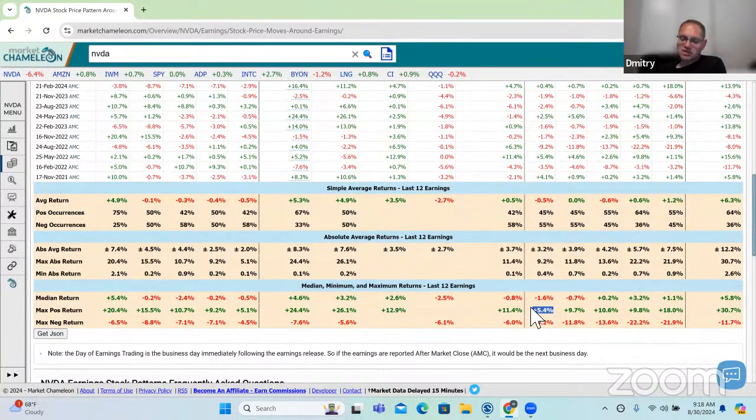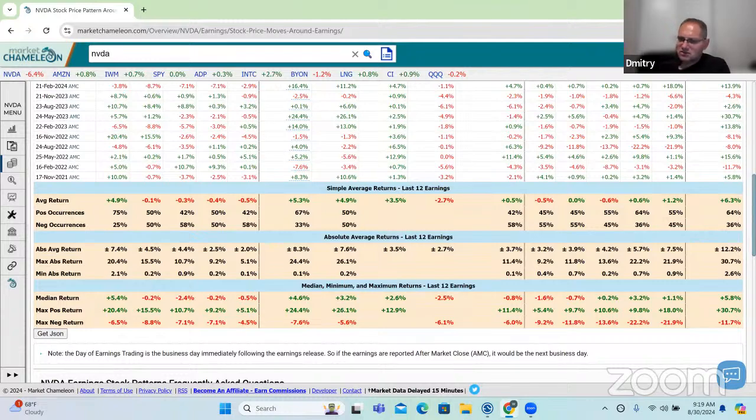The largest move to the downside was negative 9.2%. And that shows that, at least from the perspective of the day after, it was less liquid to the downside than to the upside. From those two numbers, the extreme move to the downside was noticeably more significant than the move to the upside.